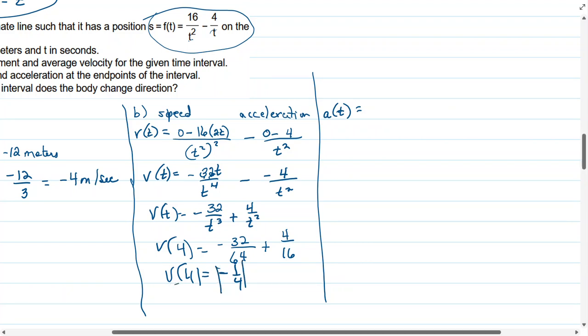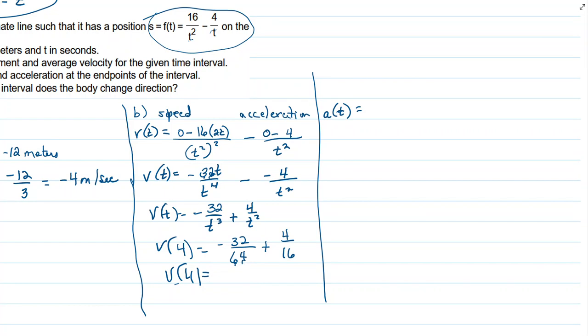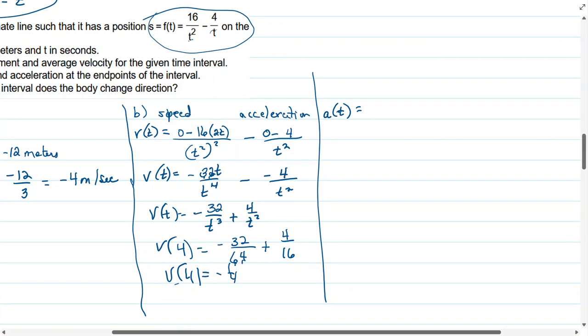Oh, this is only that. I agree. I didn't answer the whole question. That's what happened on that last one. Velocity is a negative 1/4, but speed is the absolute value of velocity. Put the notation, meters per second.